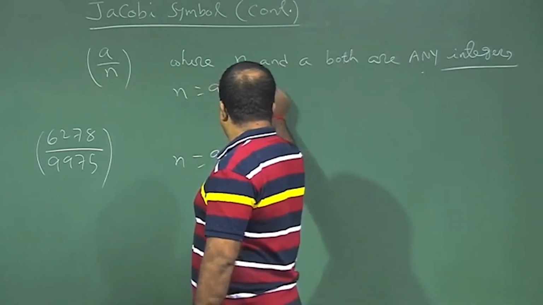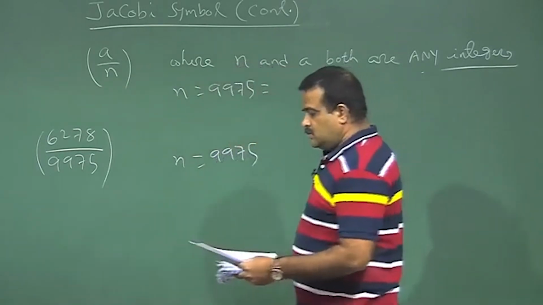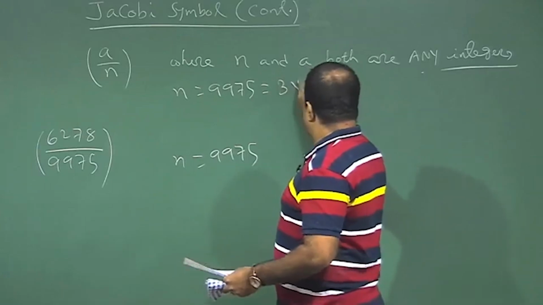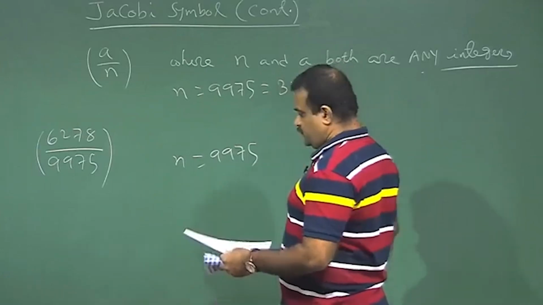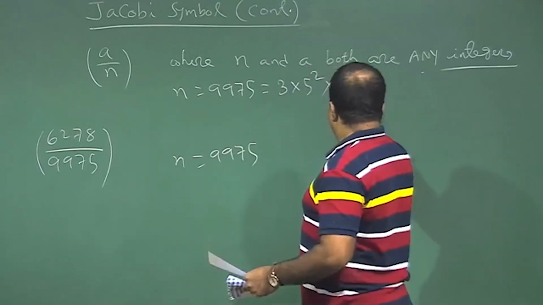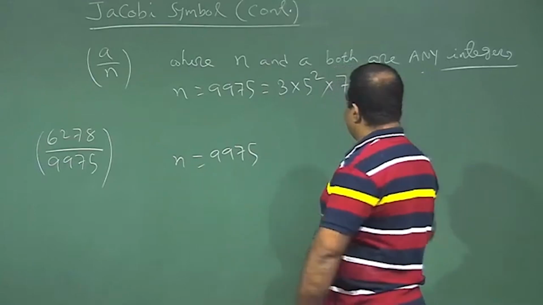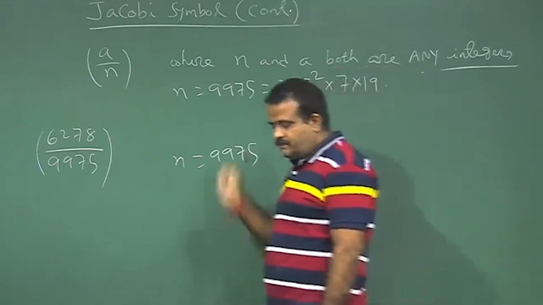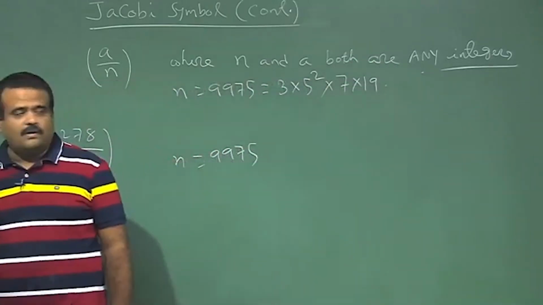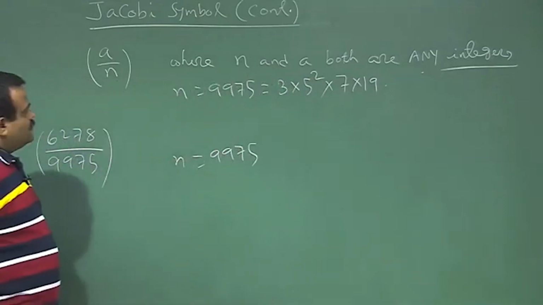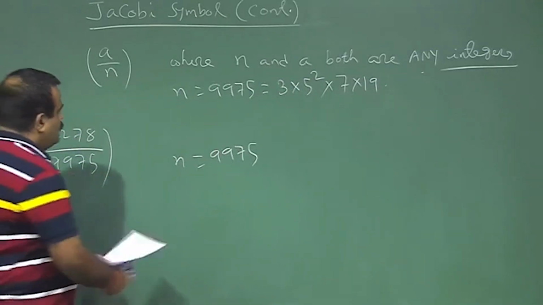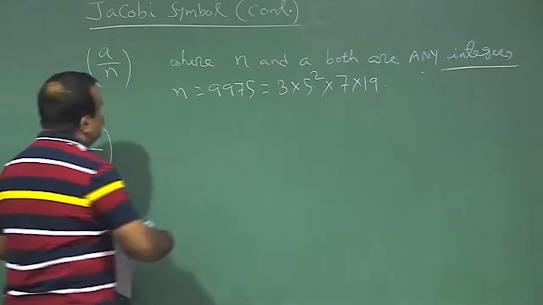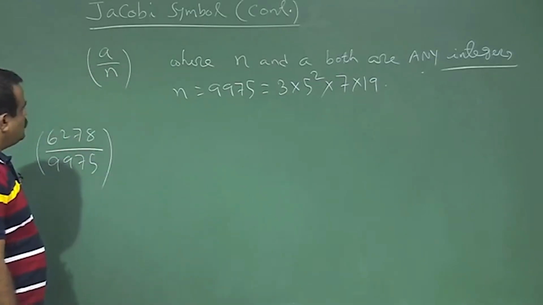written as the product of primes. So n is basically, if we verify, 3 into 5 square into 7 into 19. This is coming from the fundamental theorem of arithmetic. Every integer is either a prime or it must be written as a product of primes. So if this is the n, then we know the definition of this Jacobi symbol.